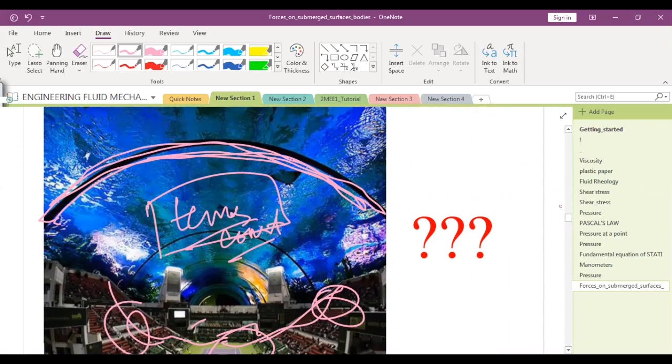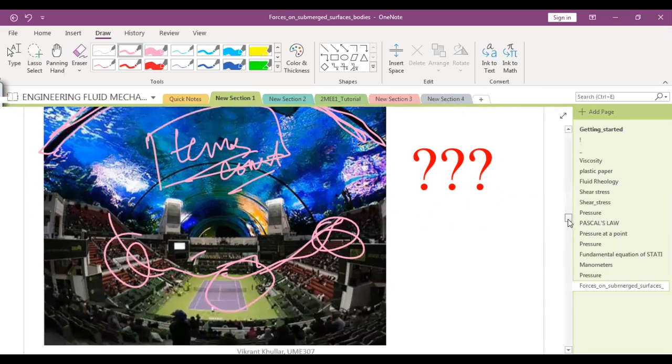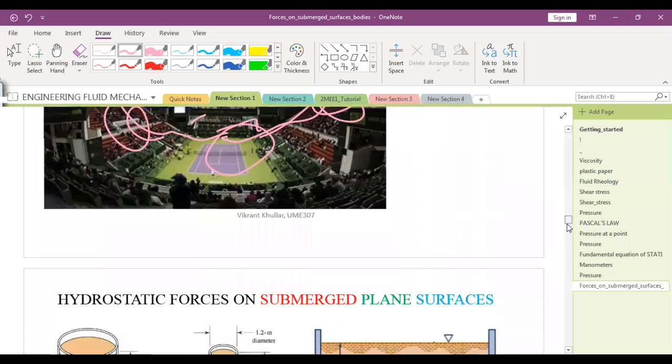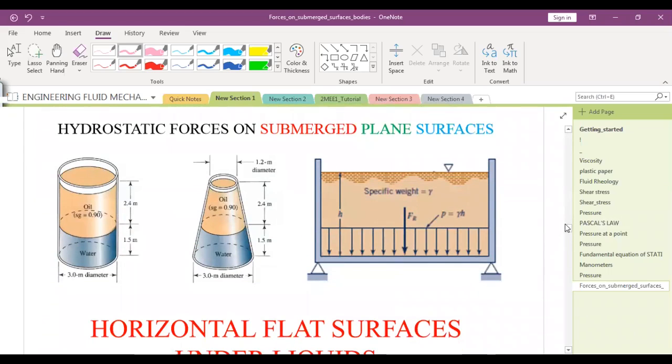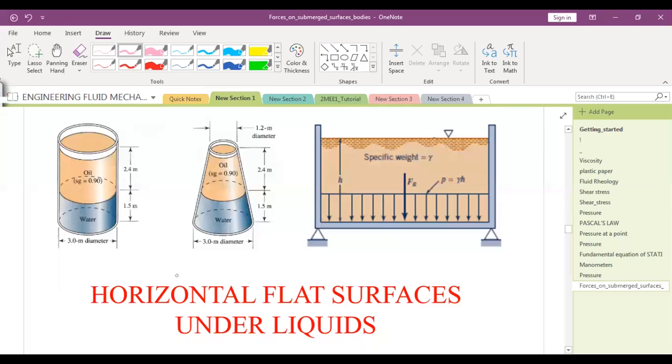Now we are starting with the simplest surface, that is called a flat surface. So I am now dealing with plane surfaces, and the first case is the horizontal flat surface.